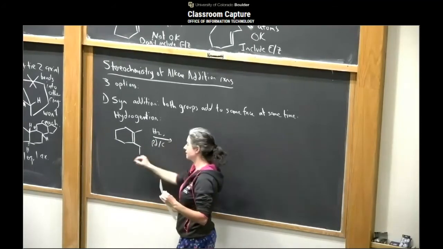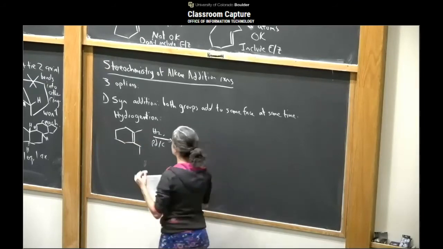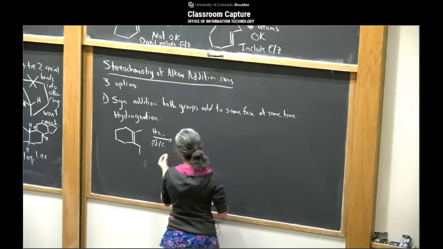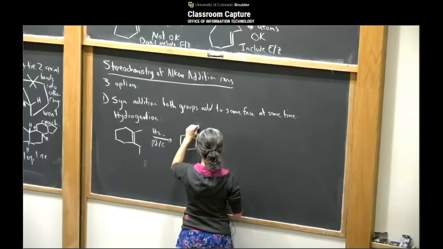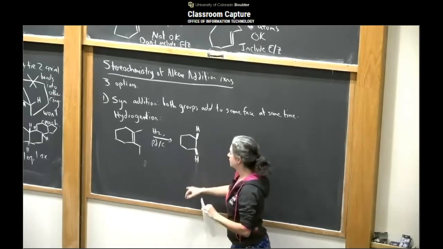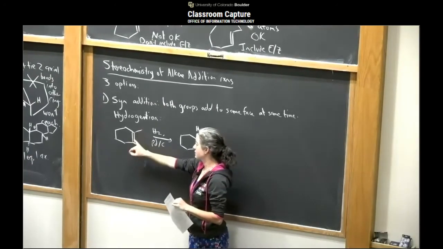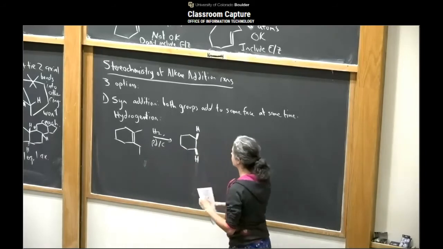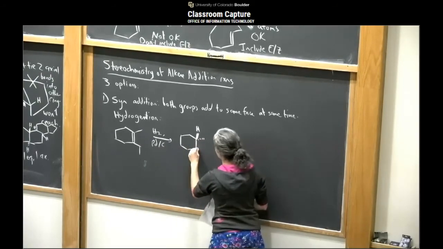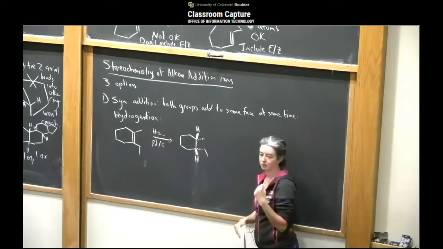And I don't have a say over how that happens, so I'm going to get both molecules produced as a result. So for example, I could show both new H's being bold, which means that the two other groups that were on there, say the methyl and the ethyl in this case, both get shoved to the other position. So I'm going to suddenly have a methyl that's dashed and an ethyl that's also dashed coming off of there.